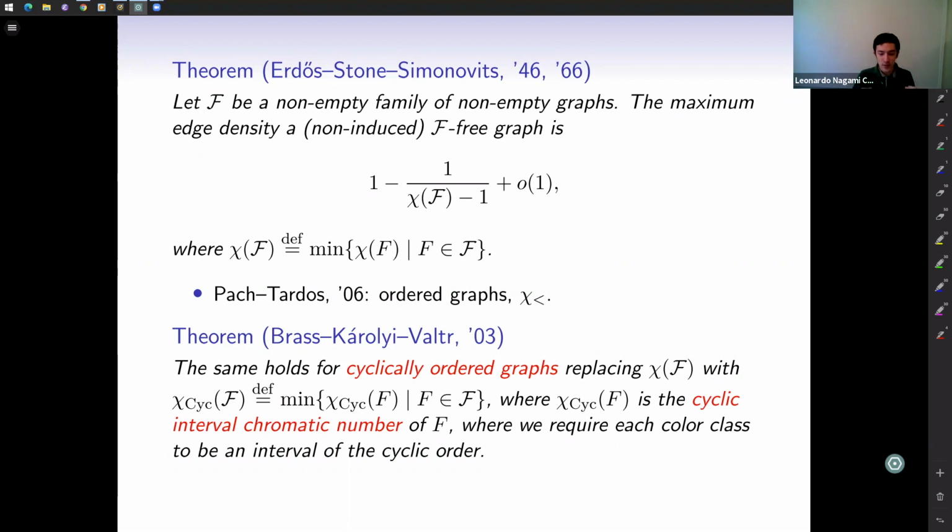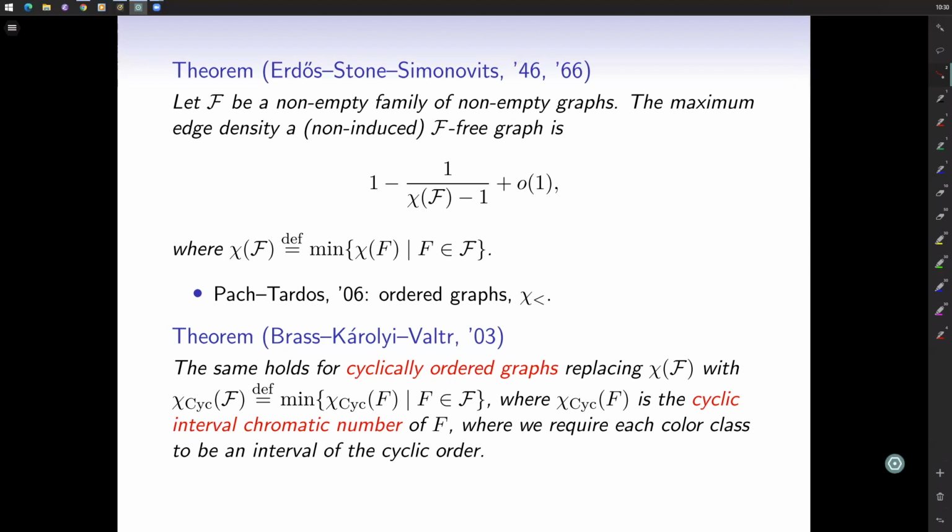And they observed that the same result still holds, except that now you need to use something called the cyclic interval chromatic number, which has exactly the same definition, but now the intervals are cyclic intervals, right? It's some part of the circle.